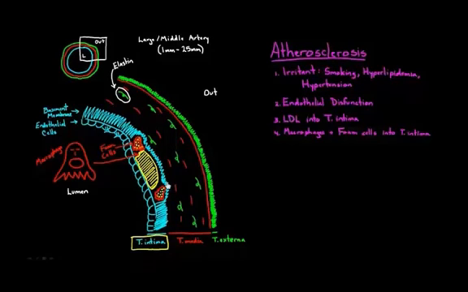And if you were actually to, let's say you were to fillet this blood vessel open, let me try to show what I mean. Let's say you have this blood vessel, I'm drawing it very simply now. You know that there are 3 layers, not the one that I'm drawing there, but just imagine that you took a knife and you sliced through it. So now you basically are looking at kind of just the inside of it, right? What you would see is basically just a giant streak of fat.